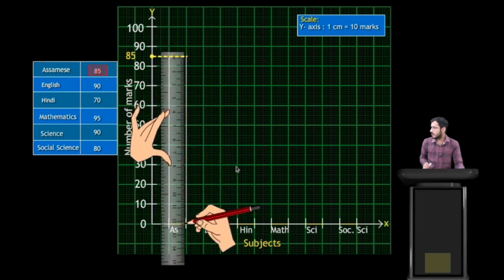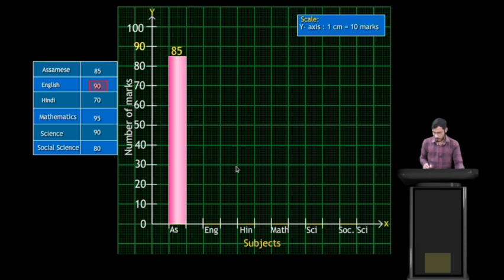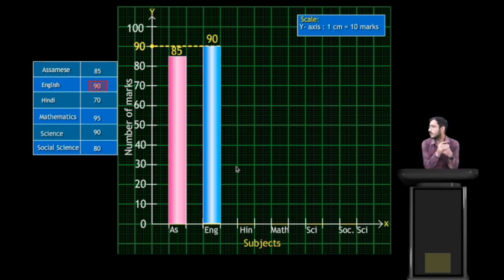So taking height 85, you can see, draw a bar like this. Then next, English, taking height 90 on the y-axis, draw a bar like this. Similarly, we can draw Hindi, mathematics, science, and social science.